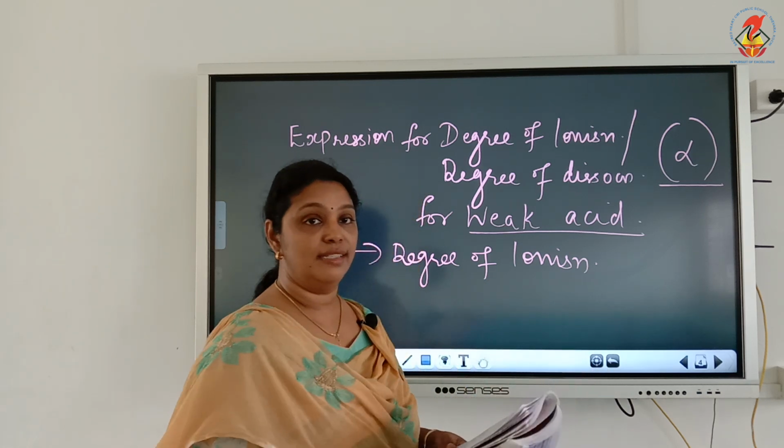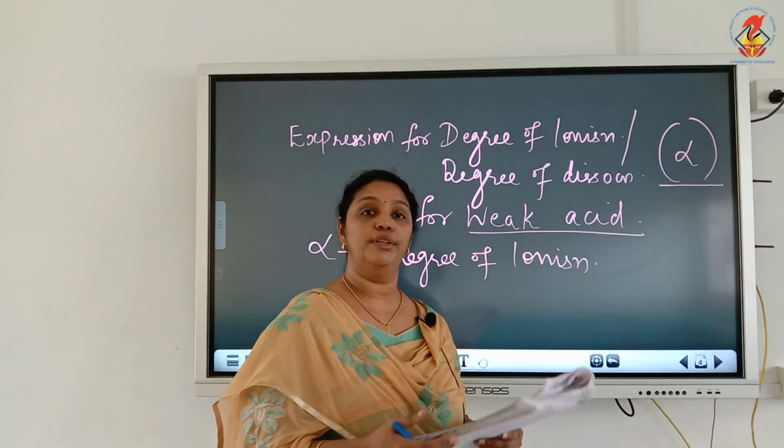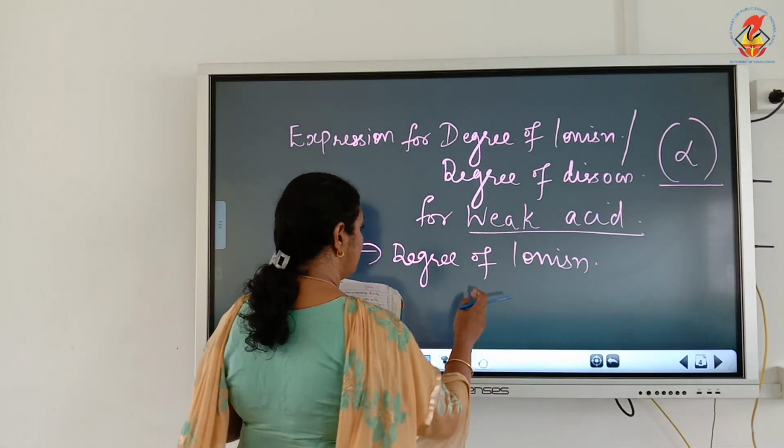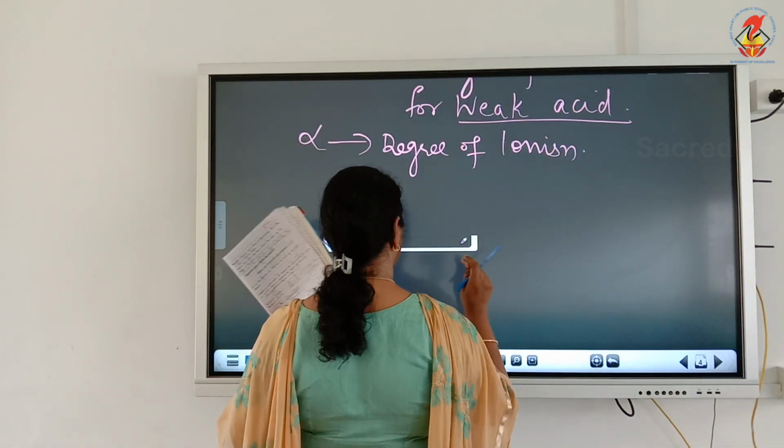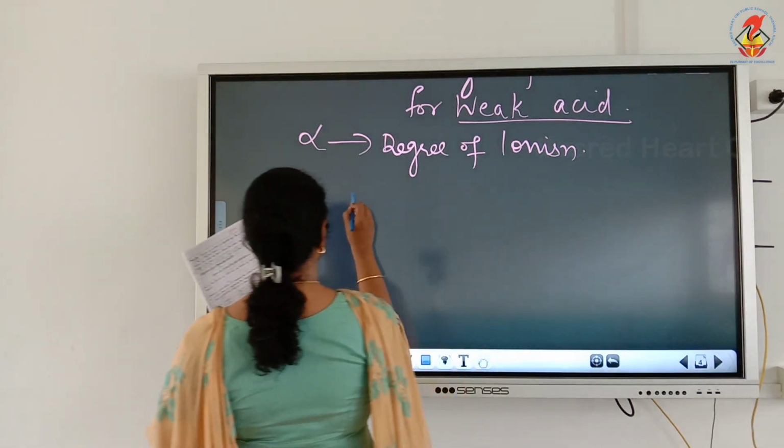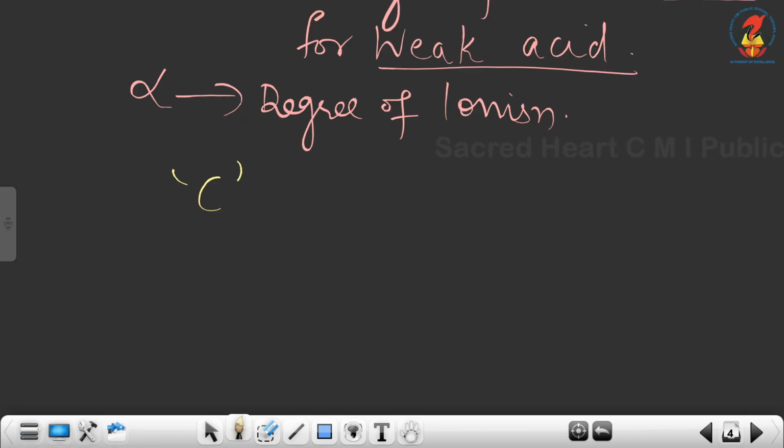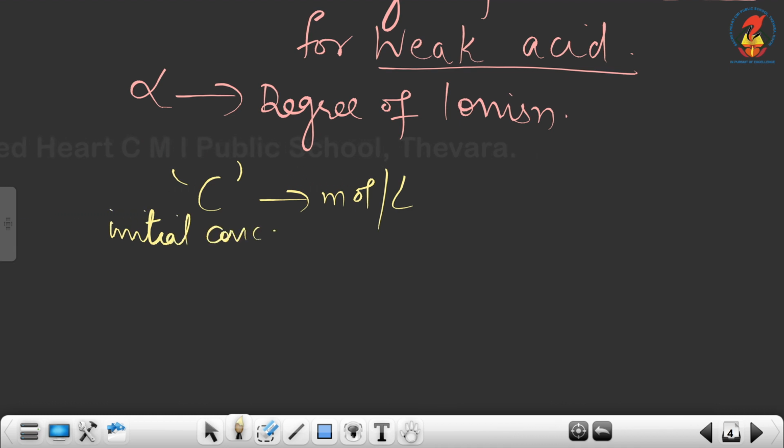For this, consider a weak acid. Again we are going to take acetic acid, and let capital C represent the initial concentration of acid in mole per liter. C is the initial concentration, and alpha represents the degree of ionization.